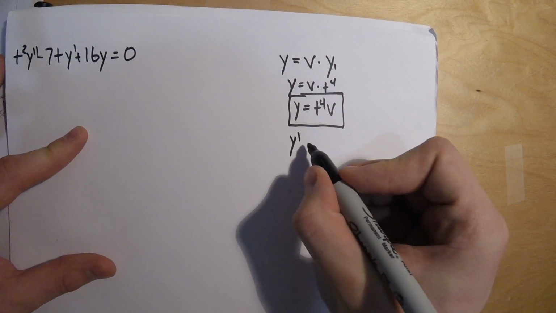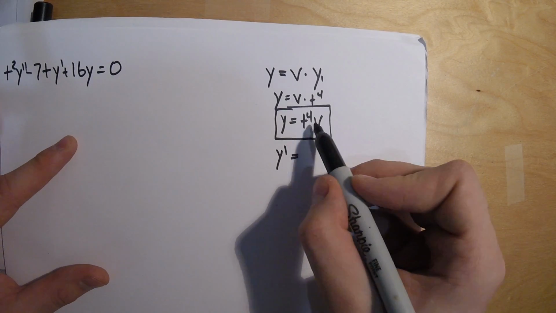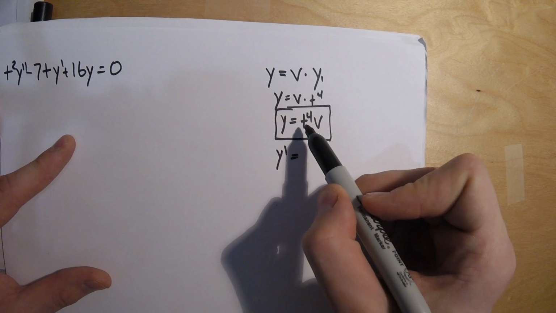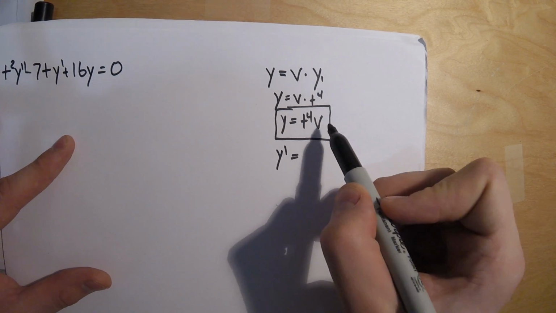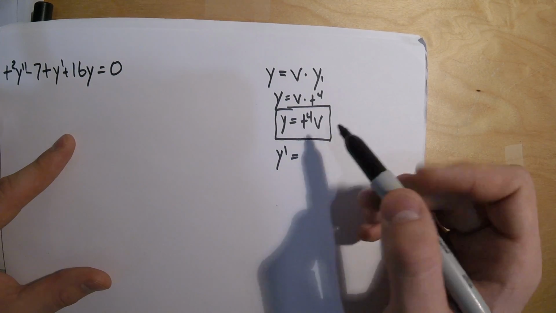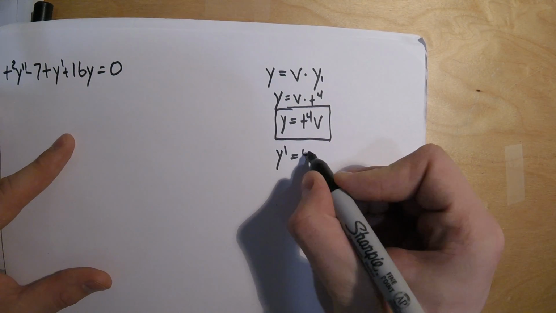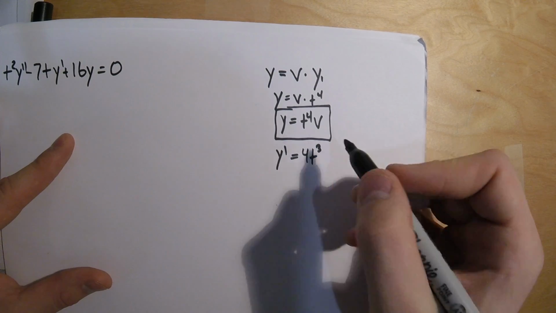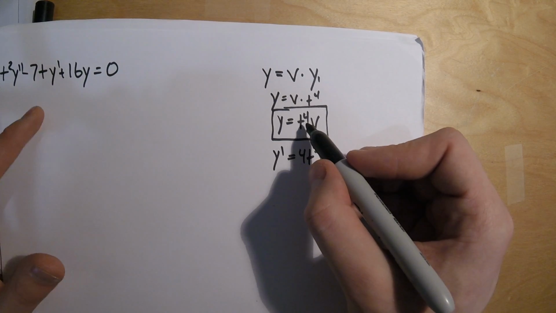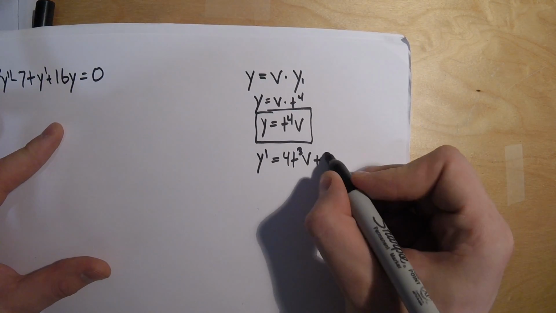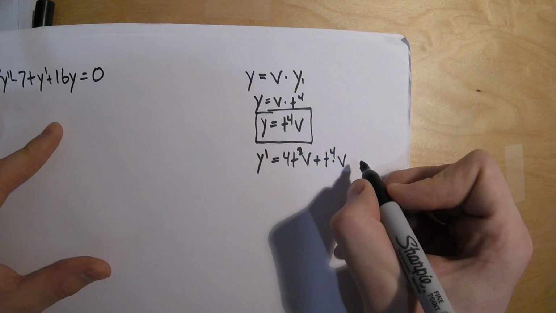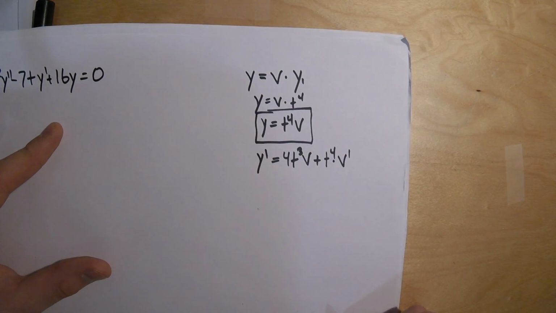So for y prime, since t to the fourth power is multiplying v, we have to use the product rule. So I'm going to take the derivative of the first, which is going to be 4t cubed. It's going to leave the second, plus I'm going to leave the first, t to the fourth, times the derivative of the second, so v prime.